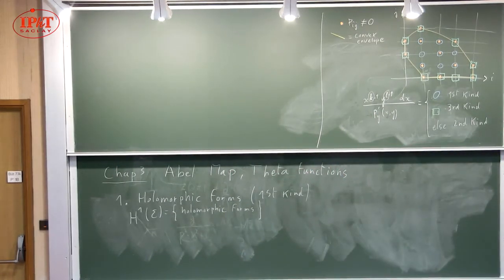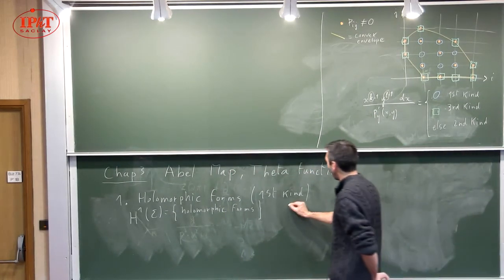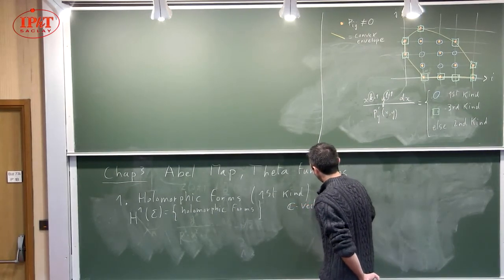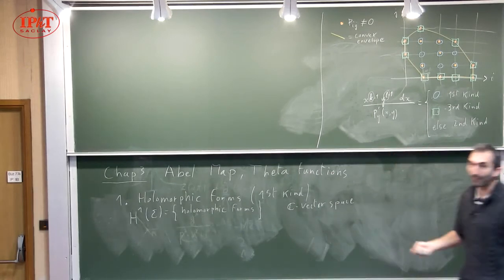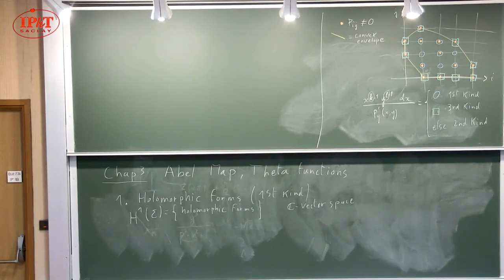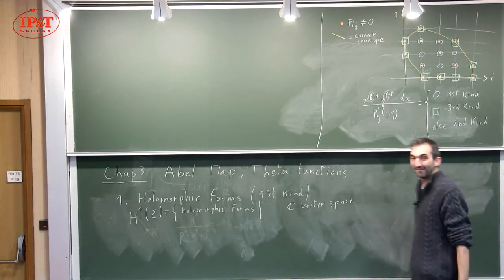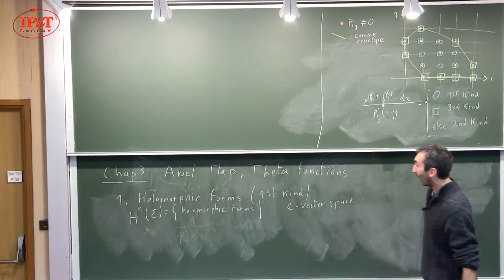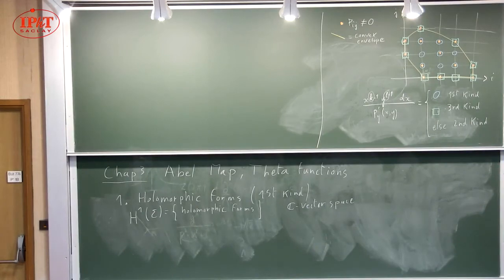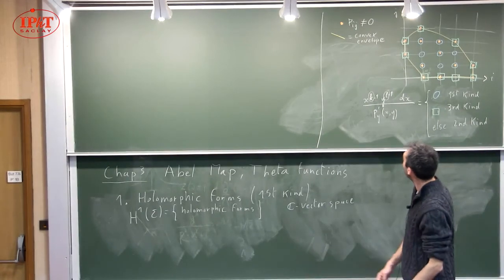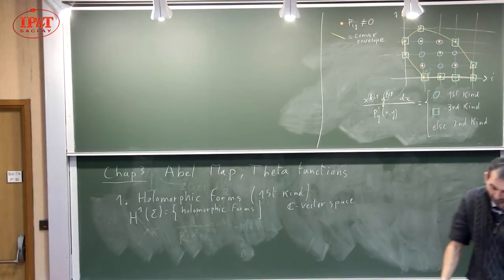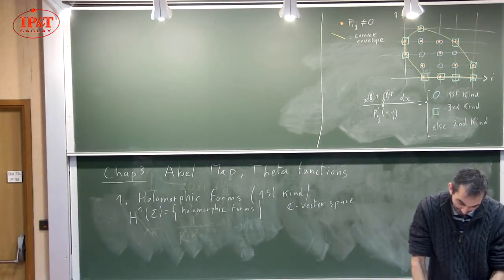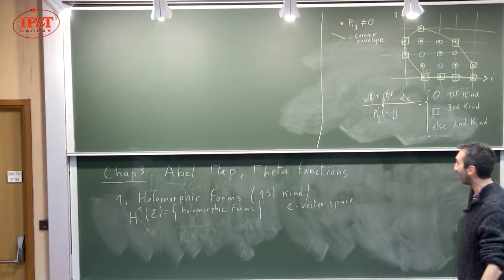It's a C vector space, because indeed, when you take linear combinations of things that have no poles, you always get something that has no poles. So the first question will be to compute the dimension of that space. You can already guess that it's the number of interior points, and it's going to be the genus. But let's see where it comes from.